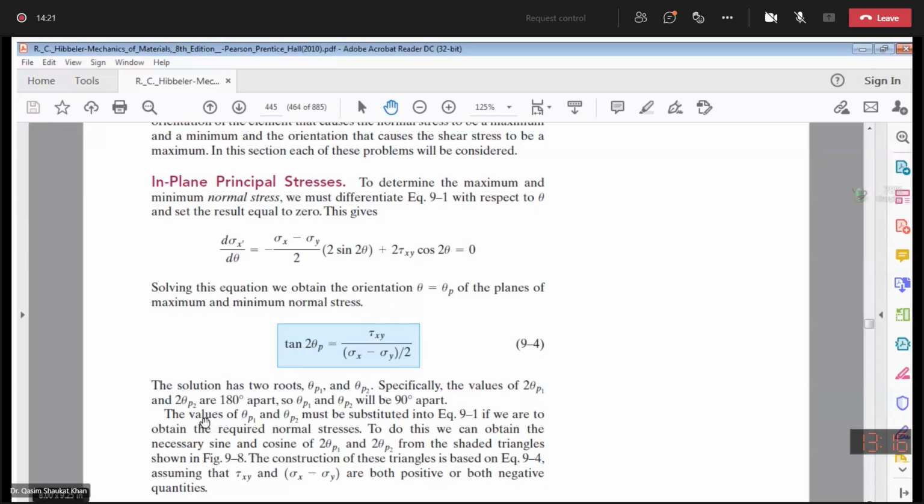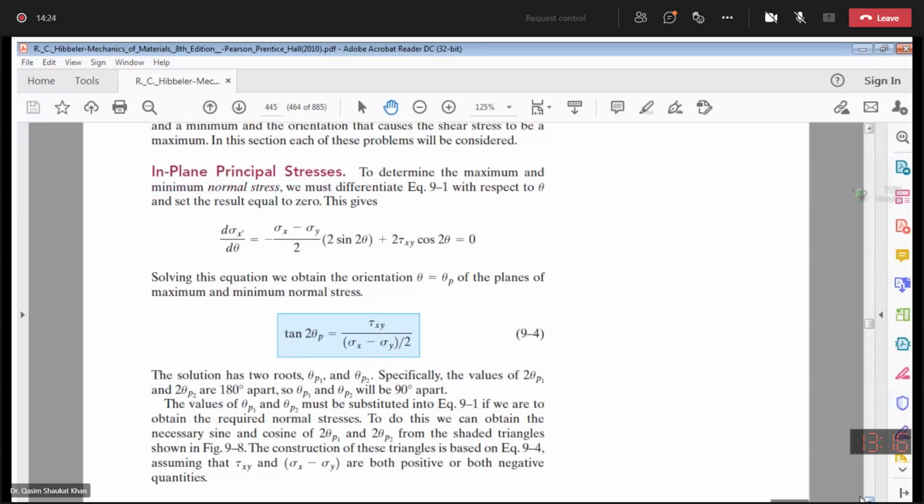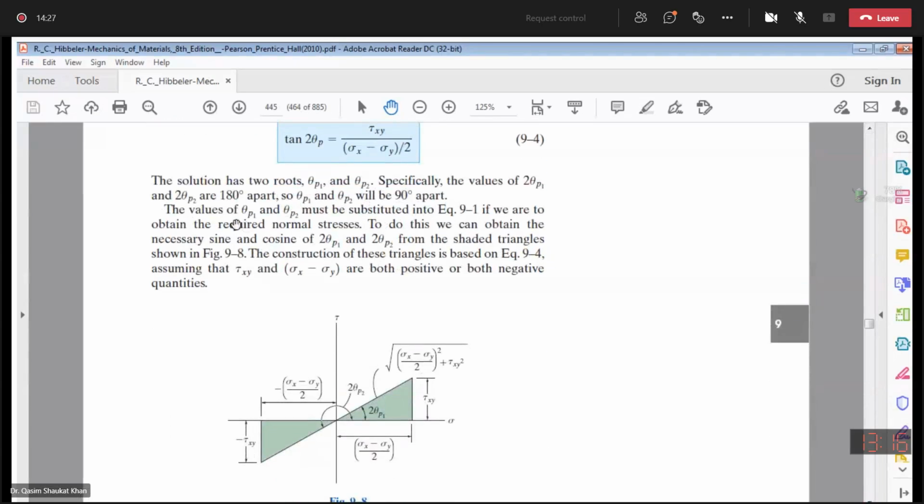The other thing we have to discuss was these triangles, which we also discussed last time, for the values of theta p1 and theta p2. One way to calculate the maximum and minimum normal stress is to substitute the values of theta p1 and theta p2 into our equation number 1. Because we are substituting the orientations of the principal planes, the stresses we get will be our normal stresses, the maximum principal stress and minimum principal stress.